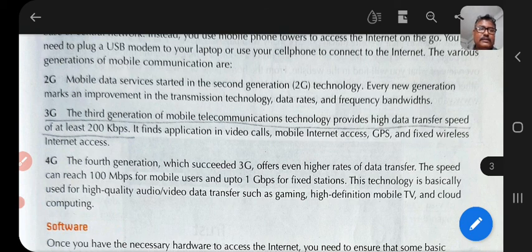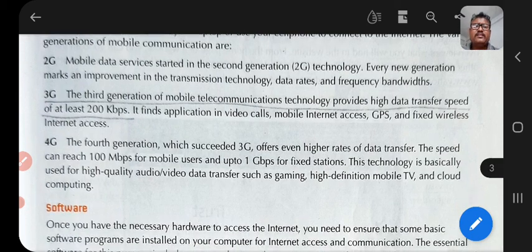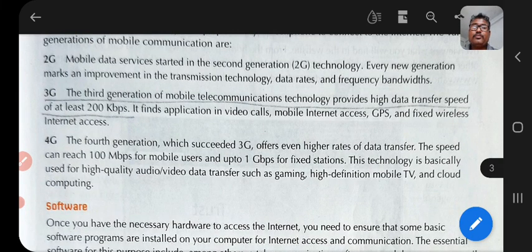So in the second generation data plan, they improved the transmission technology, data rates, and frequency bandwidth, even though it was not up to the mark. Then the third generation of mobile telecommunication technology provides a high data transfer speed of at least 200 kbps. Kbps means kilobits per second.